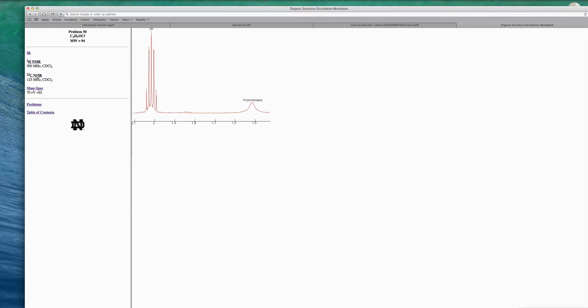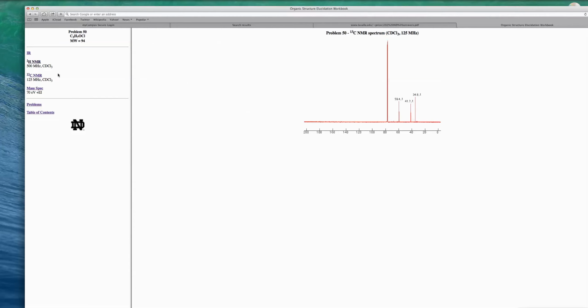And carbon NMR should have 3 kinds of carbons, and we do. And again, the one in the middle is going to be due to the fact that it is 2 carbons away from both the oxygen and the chlorine. So this is consistent with the structure that we have proposed.